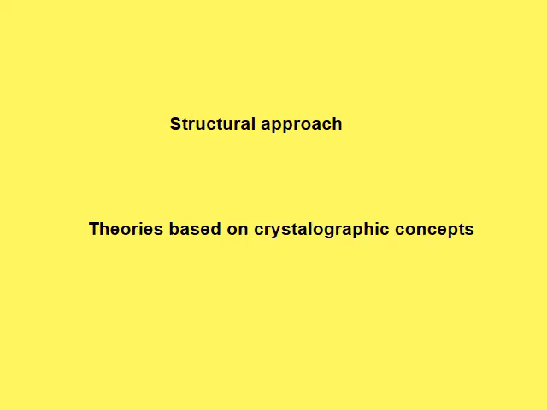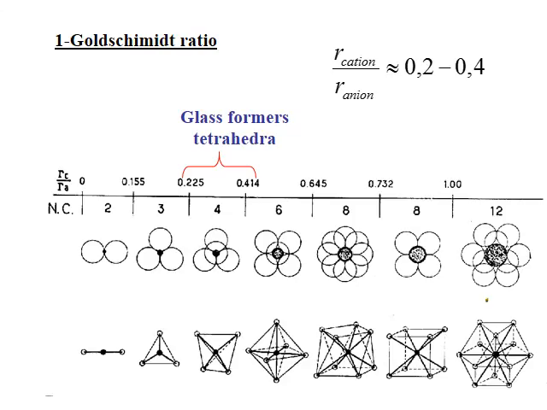The classification of substances may be done based on structural approaches, for example, crystallographic concepts. The Goldschmidt ratio is an old concept in inorganic chemistry related to the ratio of the cation radius to the anion radius.